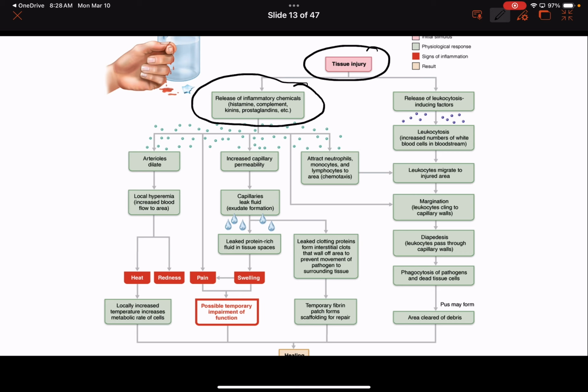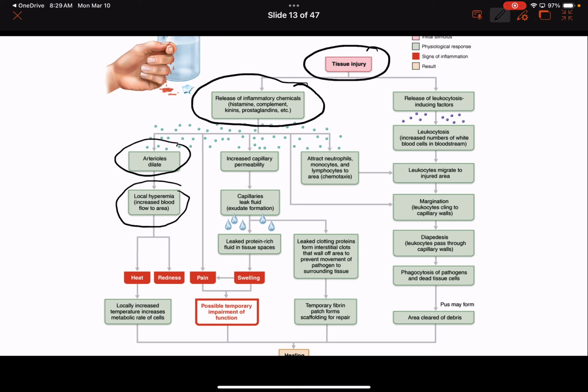But these inflammatory chemicals, one, are going to cause arterioles to dilate. Okay, so they're going to get more permeable and more leaky. And because they dilate, that's going to allow them to hold more blood. So you're going to have what's called local hyperemia.